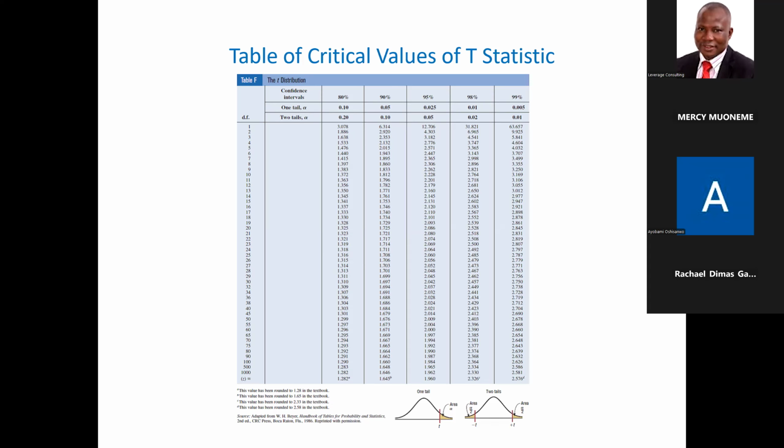Look at that column and match it with degree of freedom 30. 30 or 29, you see the value there. The thing is not clear, I'm seeing. Okay, 30 degrees of freedom. You see 90%, 95%, but we'll come to it later.